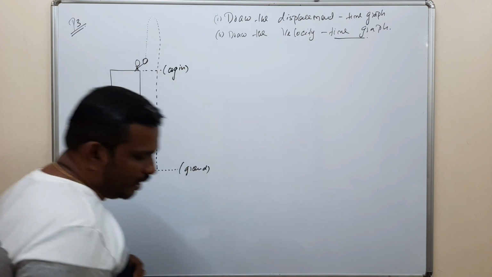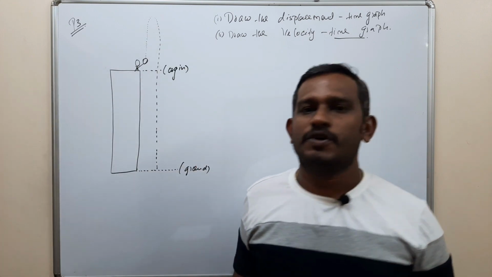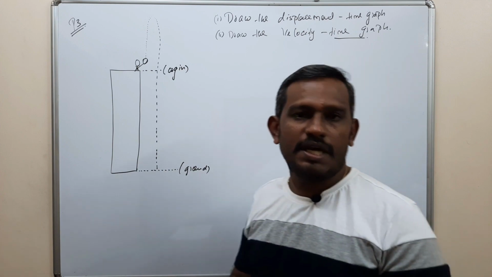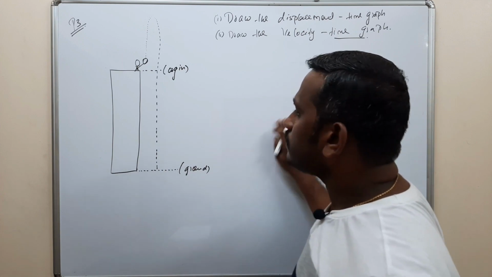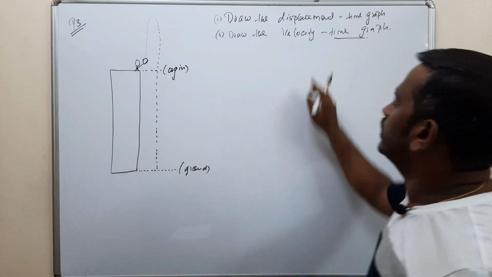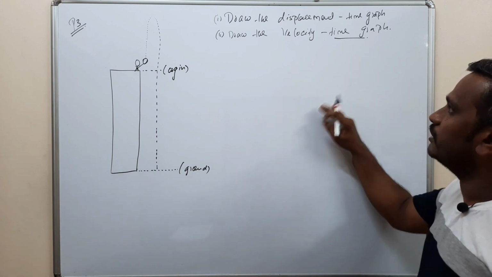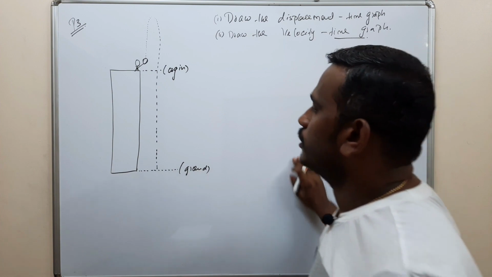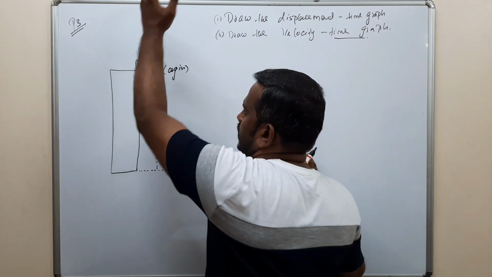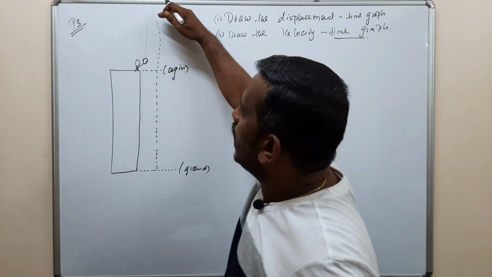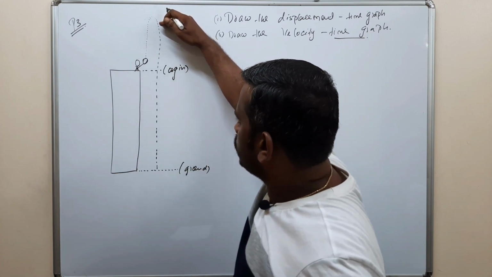So upward motion is in the positive axis and downward motion is in the negative axis. We have to draw the displacement time graph and the velocity time graph. The ball is projected vertically upwards. It goes a certain displacement, and when the velocity becomes 0, it comes down.